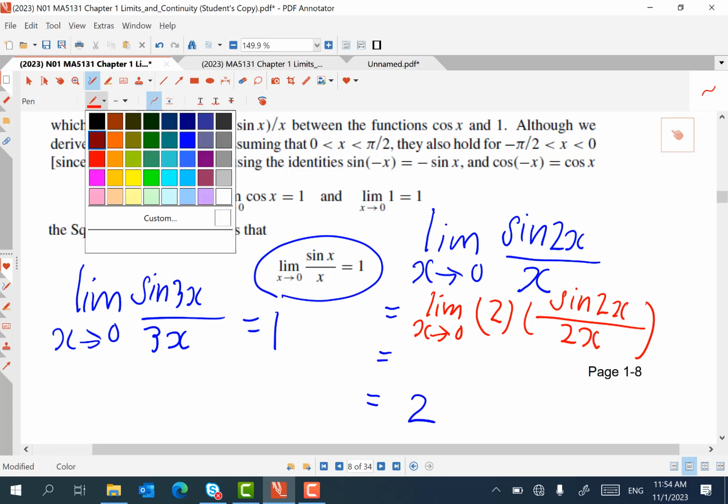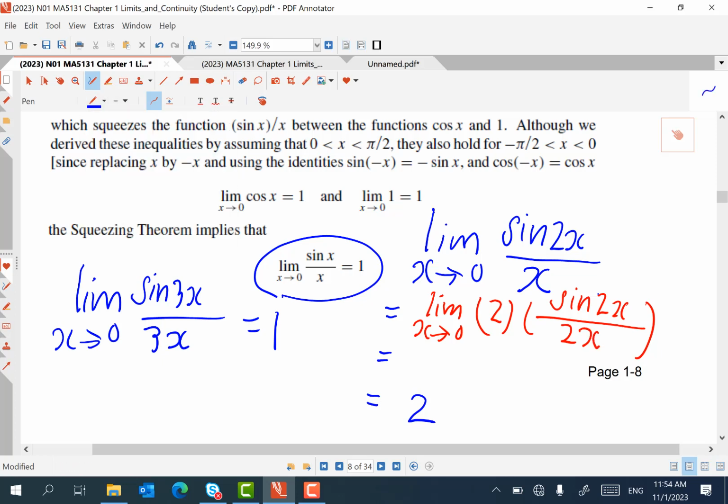What's important is this number and this number must be identical. Then only it goes to 1. So then this becomes 2 and then 1. That's why it's 2.